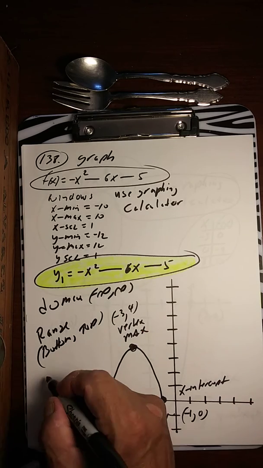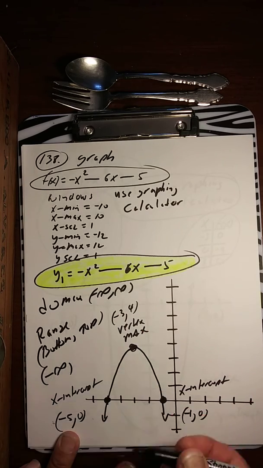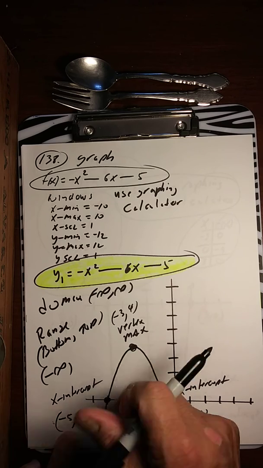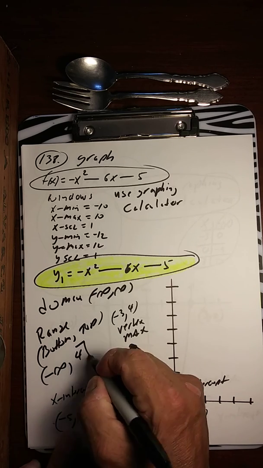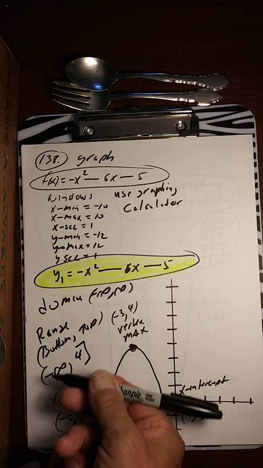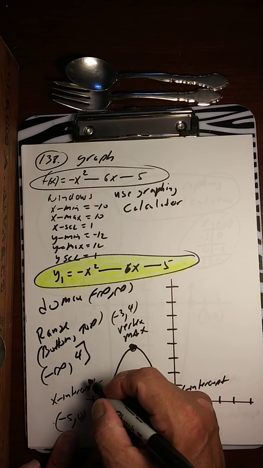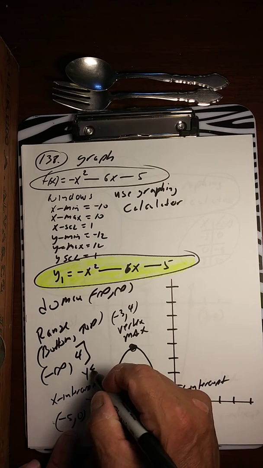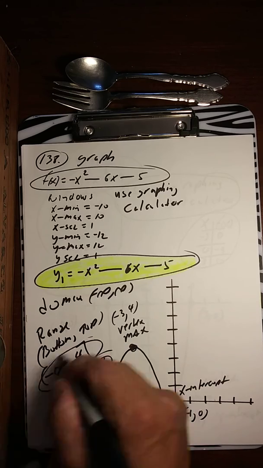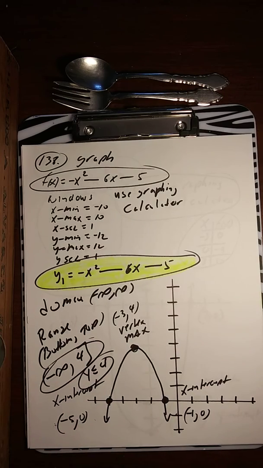So the bottom of this graph is -infinity, and the top of it goes to 4. So it goes from -infinity to 4. Or another way to write it, you can say y is less than or equal to 4. Or use your calculator, of course.